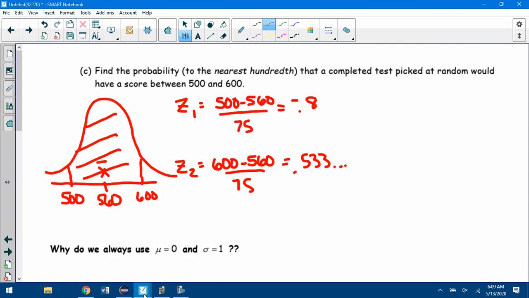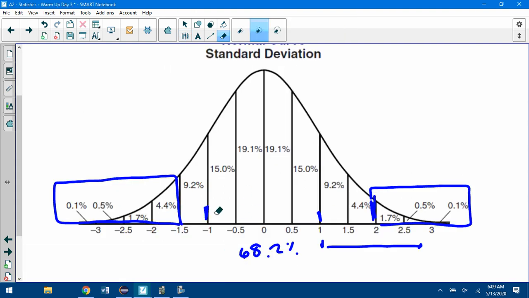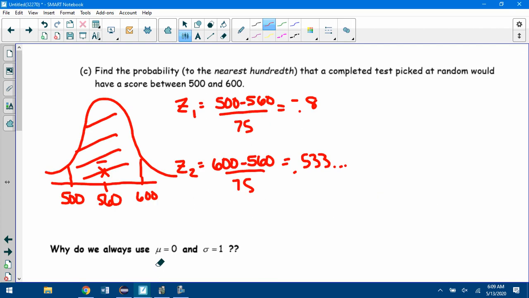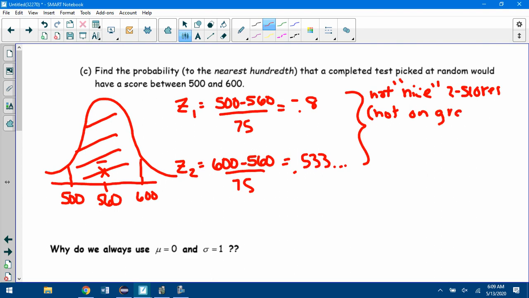Now in this case, I don't have an option. I can't use the graph because negative 0.8 and 0.53 repeating aren't exactly on the graph. I could estimate it, but I wouldn't get a very good estimate. So the calculator always works. These are not nice z-scores, and that just means they're not on the graph. So the only way to answer this is with the calculator. Must use calc.